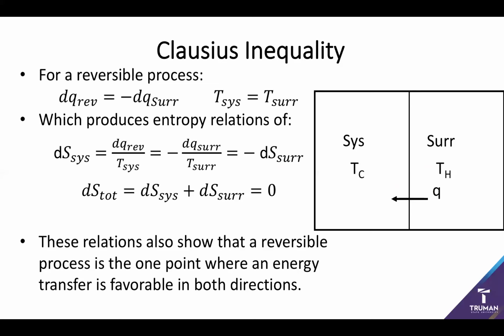And we already saw this a little bit with expansion and compression. A reversible process is going to be one where the energy transfer is equally favorable in both directions. However, it turns out this is just another fancy way of saying that a reversible system is one where no change is going to occur at all, because there is equal transfer in both directions.